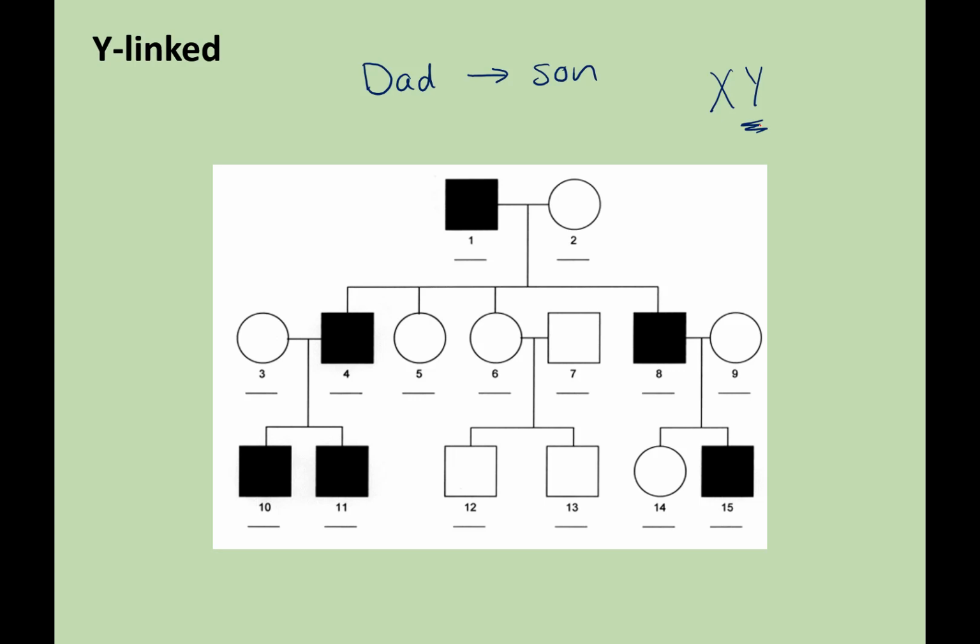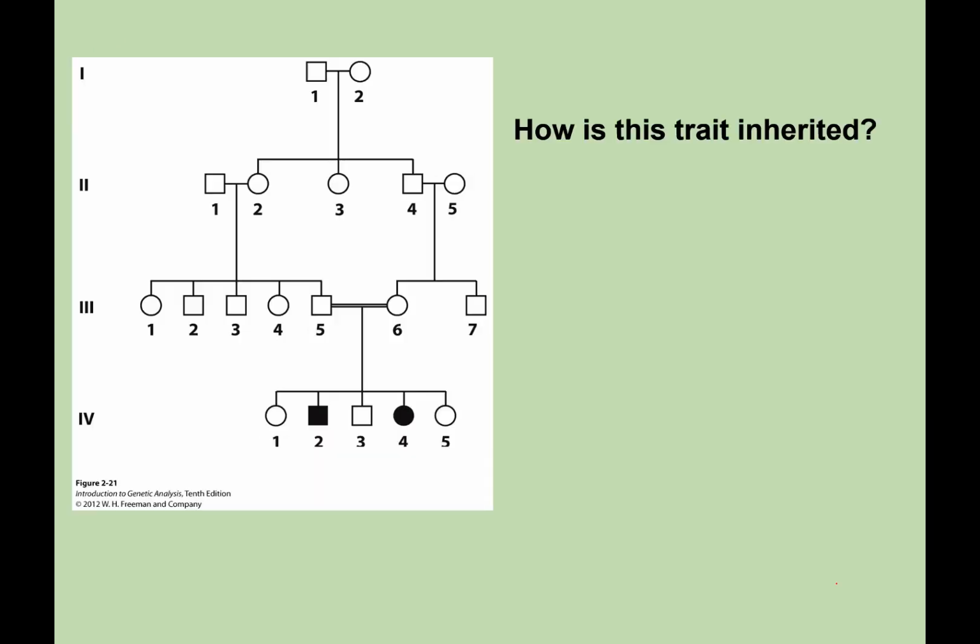So let's look at a pedigree and figure out how to tackle it. Given this pedigree, how is this trait inherited? I'm going to walk you through what I do. And again, I always start at the bottom and work my way up. And I see, okay, I have a couple affected kids, and wow, no affected parents.